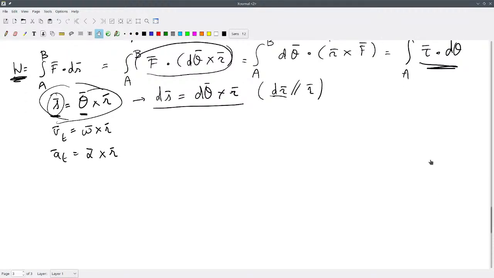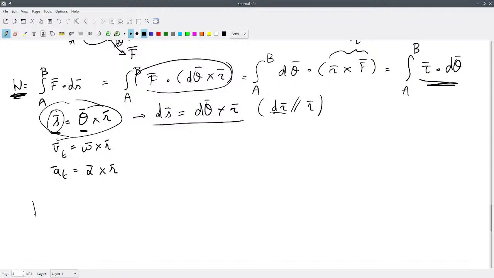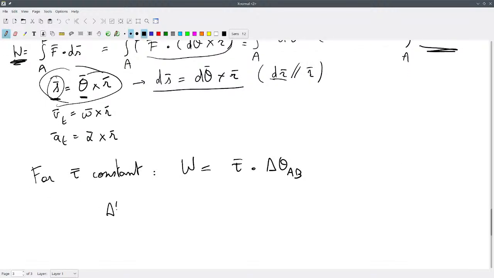Of course, it looks like a complicated integral, but for tau constant, which is one of the common situations, W will just be tau dot delta theta from A to B. So if delta theta from A to B is, let's say, one rotation, then during one rotation the amount of work that is done is tau times 2 pi.